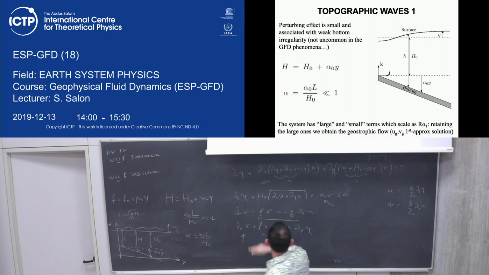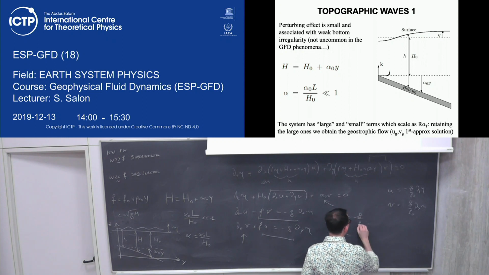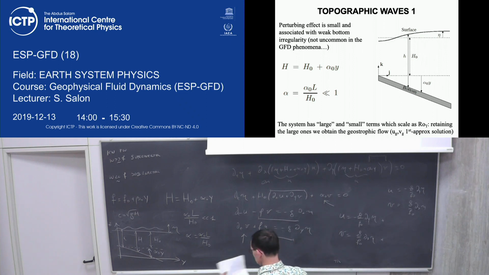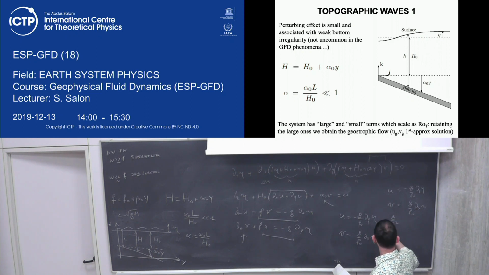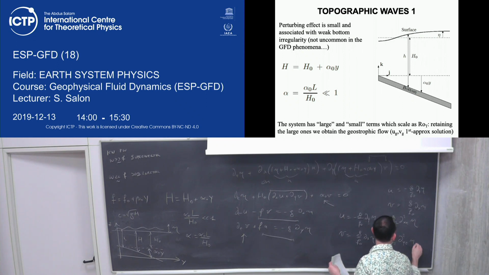Then we put them inside, we make all the calculation, and what we obtain is again that u and v are the dominant term, which is the geostrophy, plus a term which is g over f squared second derivative xt of eta and g over f squared second derivative yt of eta.